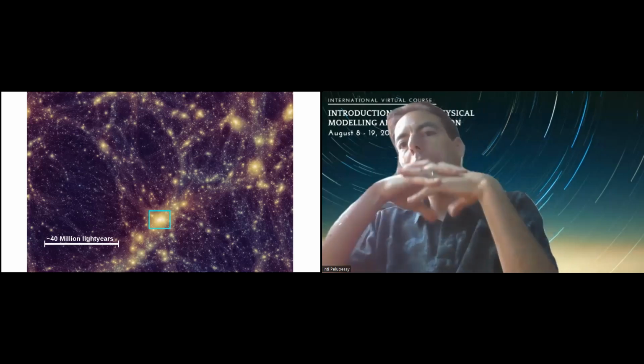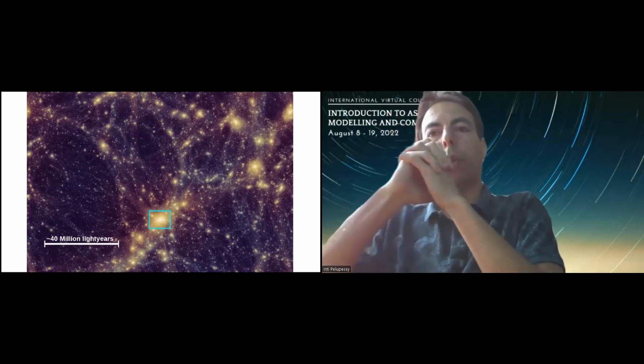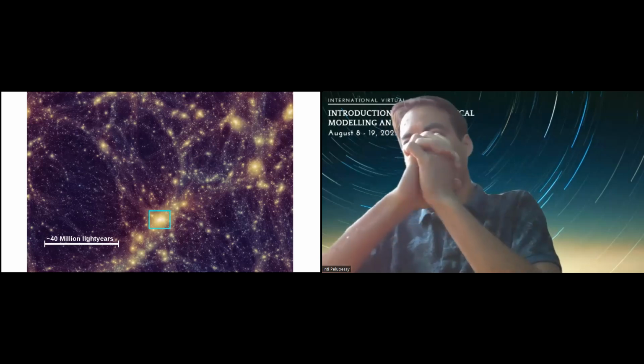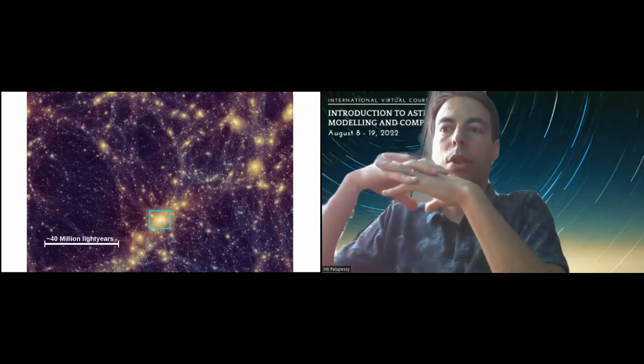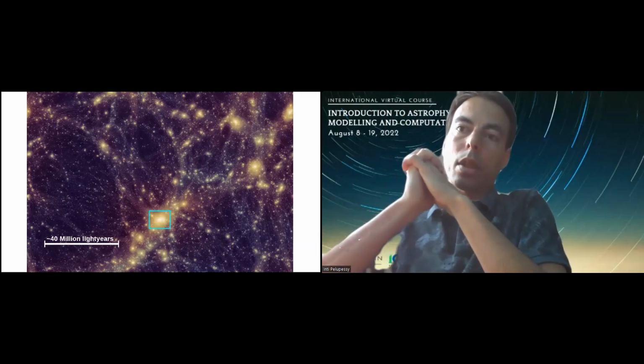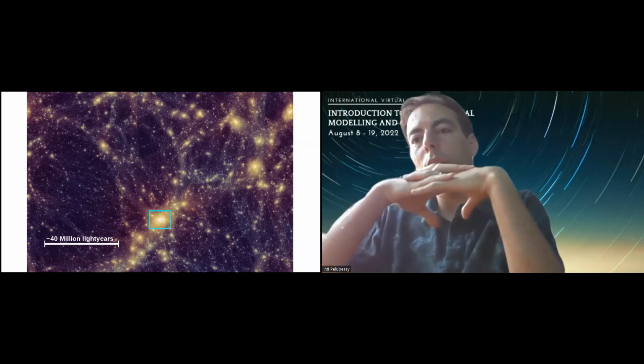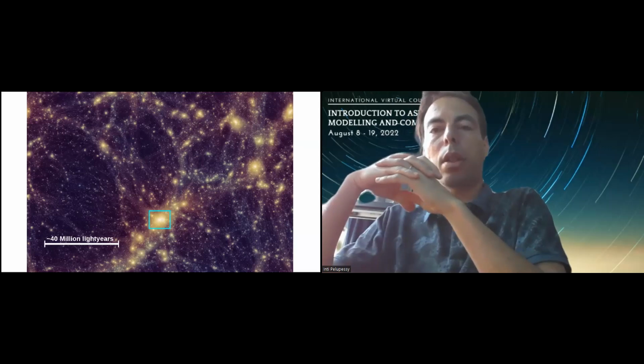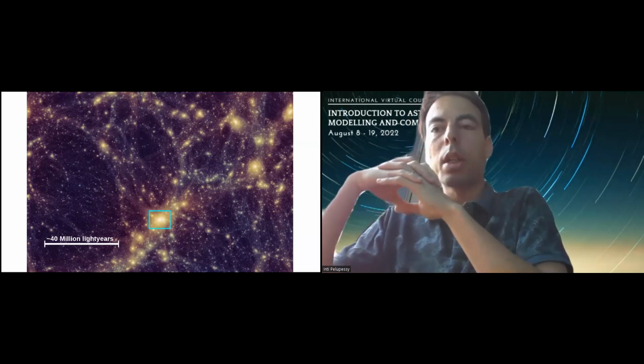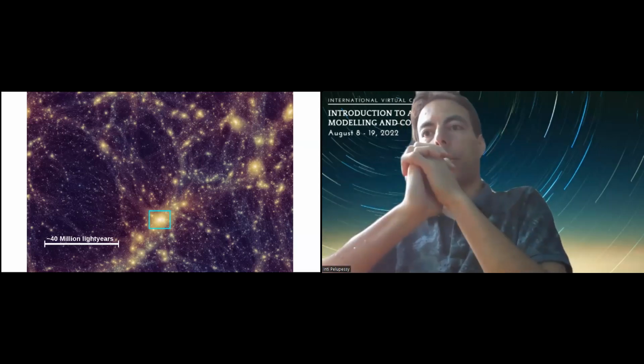The question we want to address is, we want to investigate the universe and the processes that happen in the universe. On a large scale, the universe is dominated by gravity, and gravity causes structure to form on the large scales.